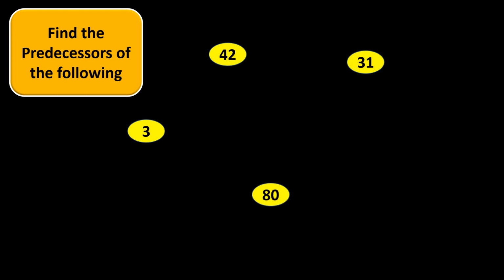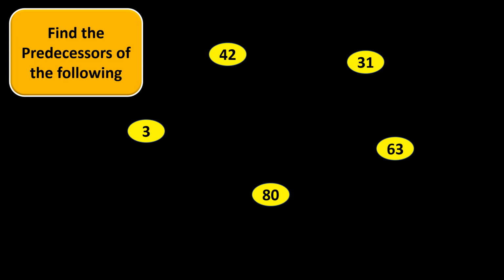Find the predecessors. We have the question 42, 31, 3, 80, 63. So we have here 6, 7, 8, 9, 10.